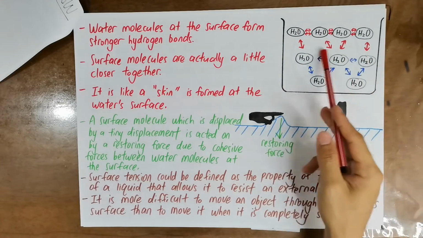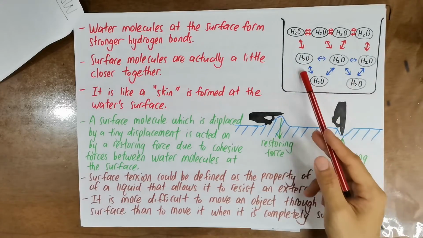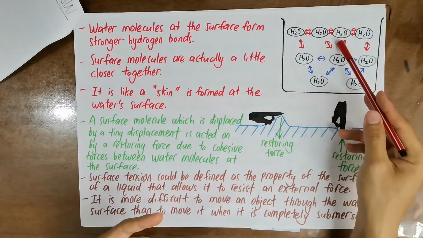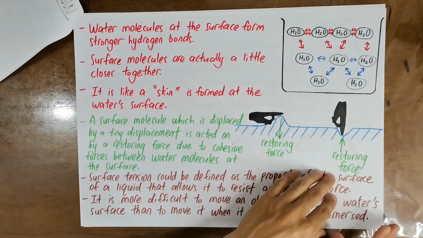And the interior molecules have a lower energy state because they are more stable, because they can form a lot of hydrogen bondings with their neighbors.